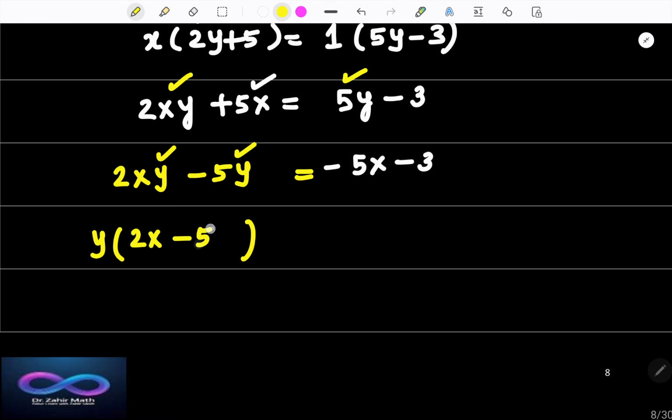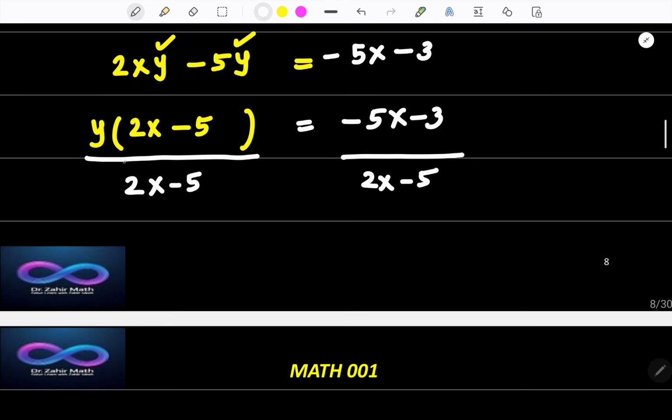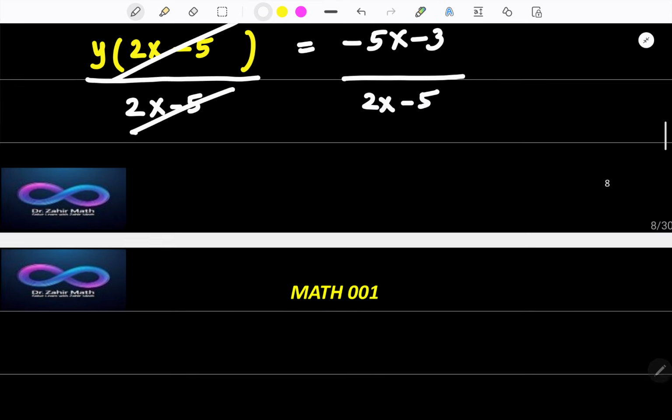So y times 2x minus 5 is equal to minus 5x minus 3. Now you are going to divide by 2x minus 5. So this gets cancelled. So y equals minus 5x minus 3 divided by 2x minus 5.